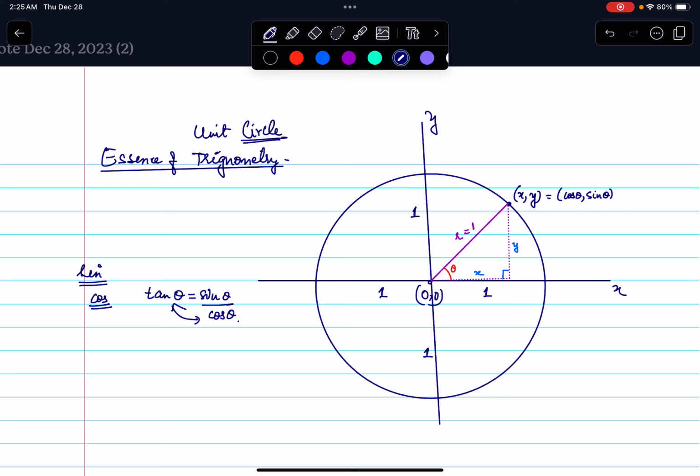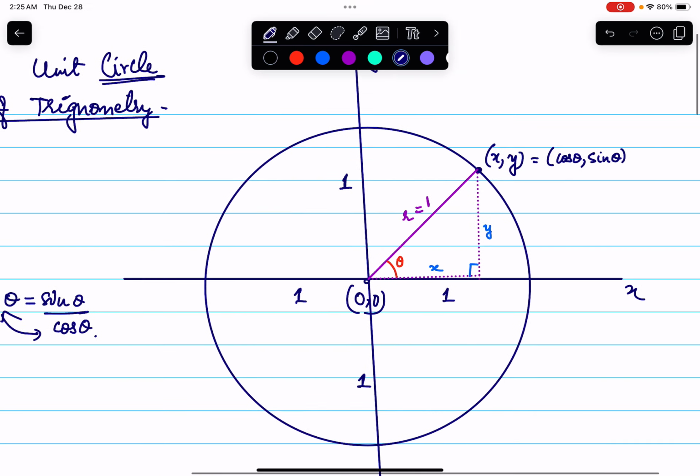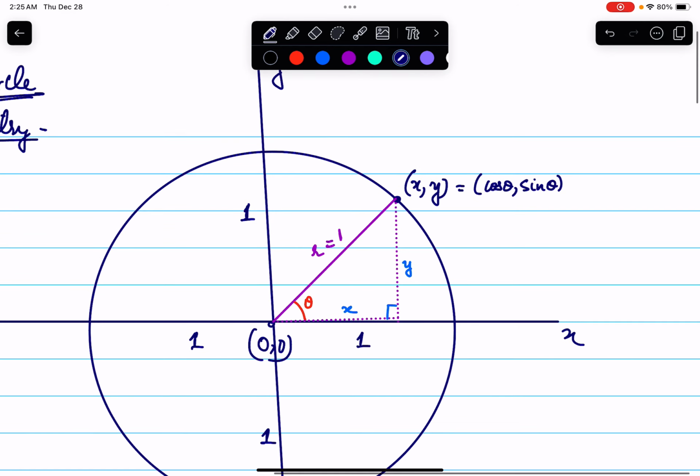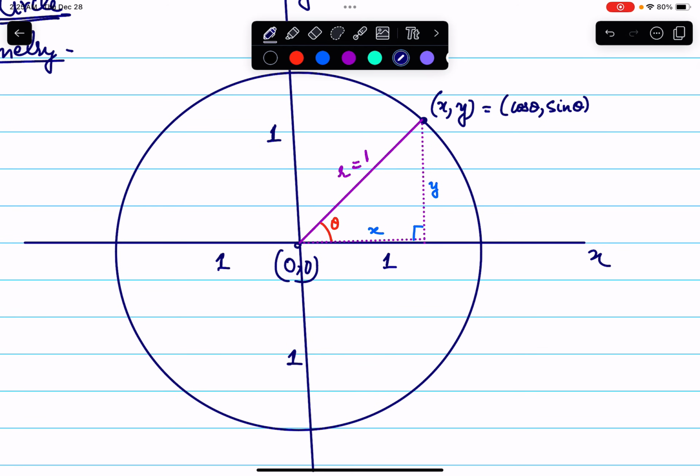So this would just be relating to SOHCAHTOA. Now in this case, you can separate this circle into 4 quadrants. So let's say that this is the first quadrant, this is the second quadrant, this is the third quadrant, and then this is the fourth quadrant, okay?